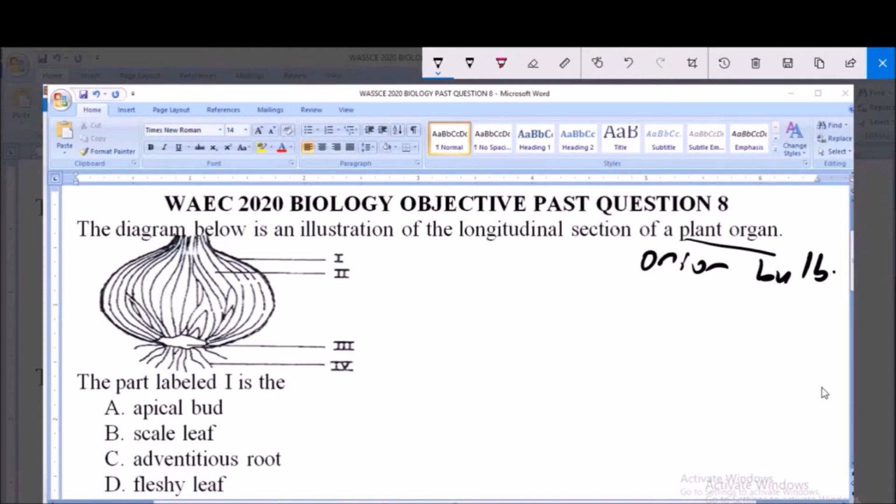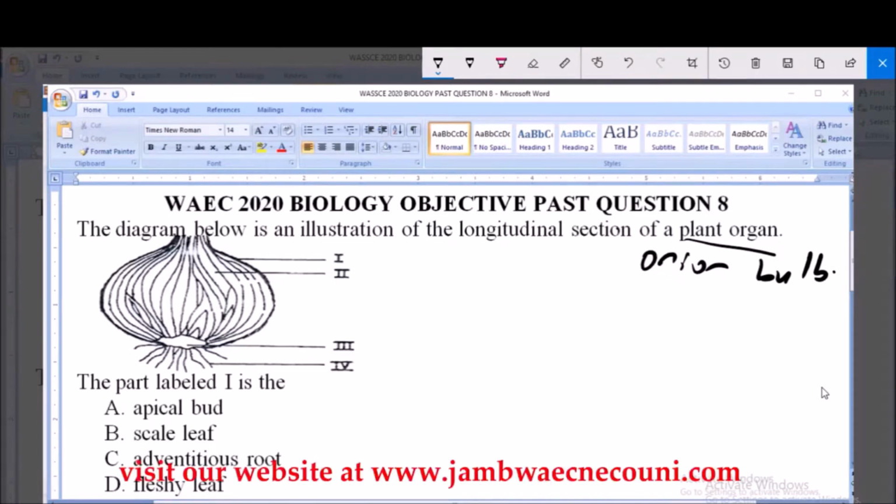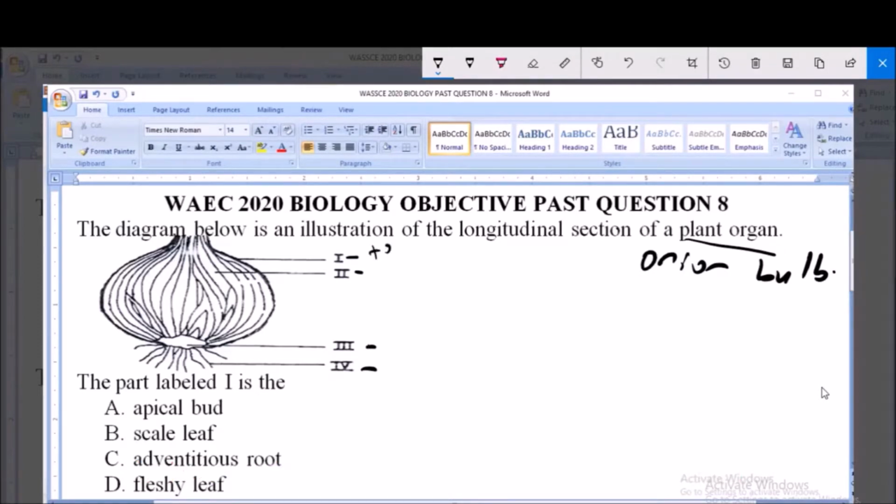So it would be a good idea for us to label each of the parts given to us and see what each part represents. Now, the part labeled 1 is known as the tunic leaf. That area is also called the apical bud or the apex of the onion bulb. Now the part labeled 2 is known as the fleshy scale leaf.